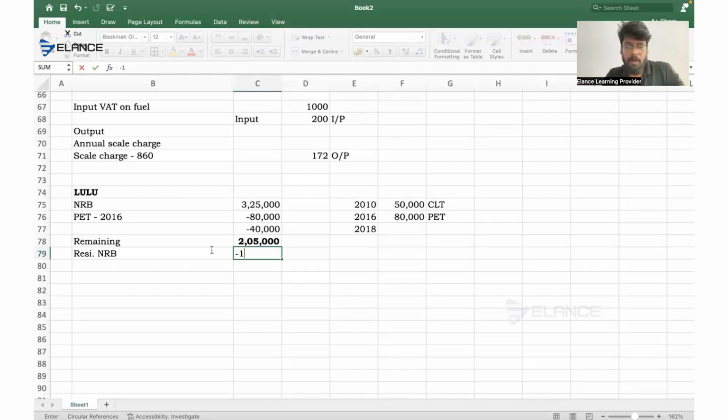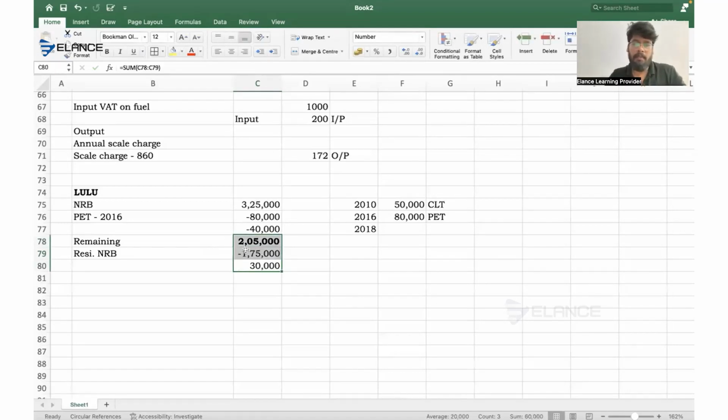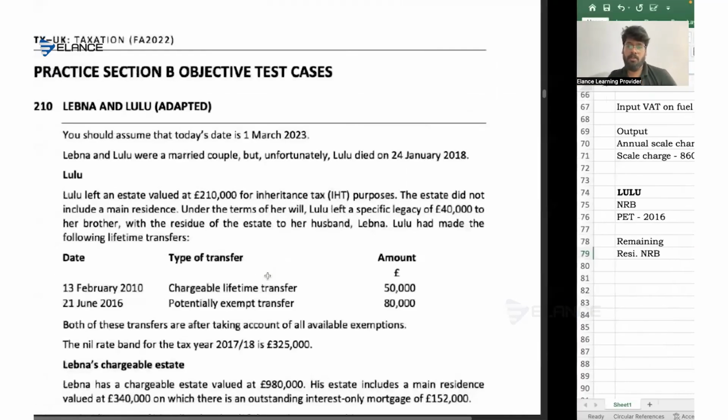So here the whole unused residential nil rate band of 175,000 can be transferred to the living partner. Residential nil rate band 175, normal nil rate band 205.